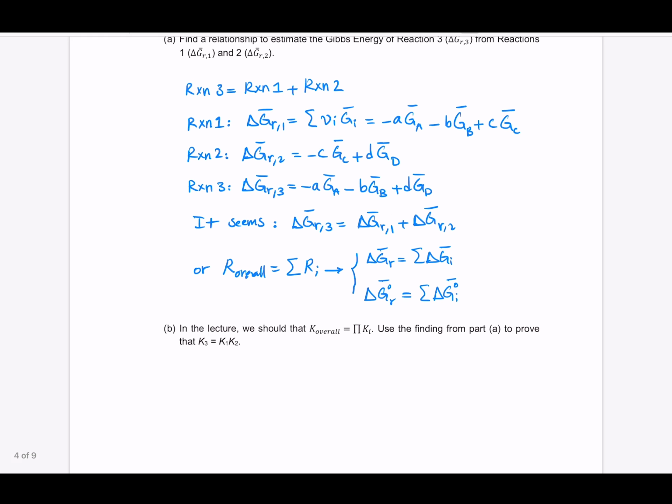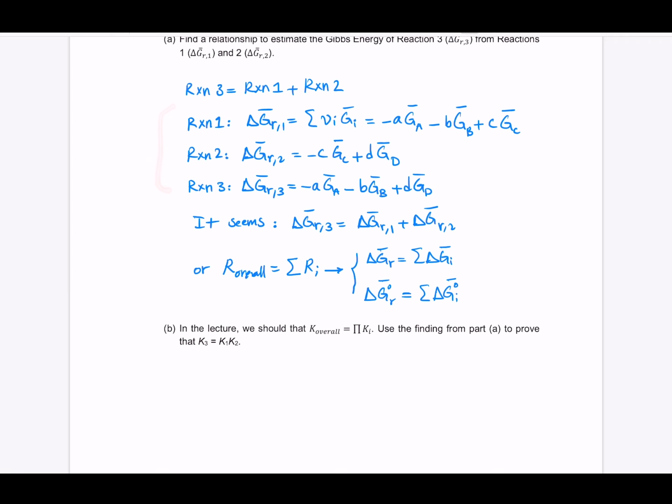So part B is asking, in the lecture, we showed that K overall is the product of the K values. So here we want to use this information from part A to basically prove that K3 is equal to K1 times K2. What we did in the lecture, I think lecture 3, was we established the same thing.